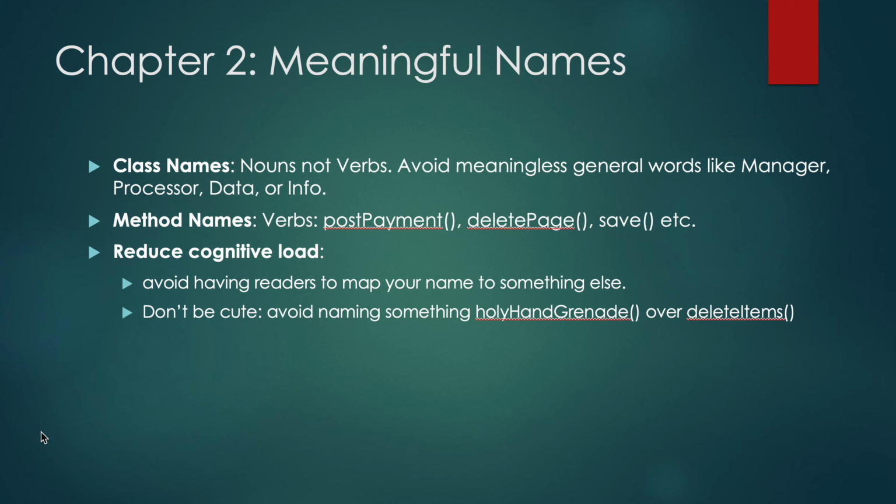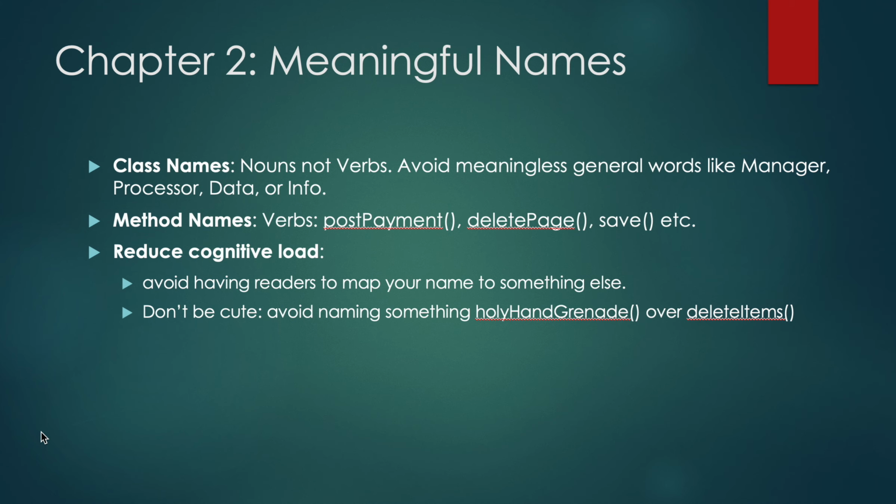And then reduce cognitive load, right? Don't try to name things in a way that readers have to know something about and then map it to something else. Just be as clear and direct as possible. Don't expect your readers to know some inside jokes to map the name to something else.